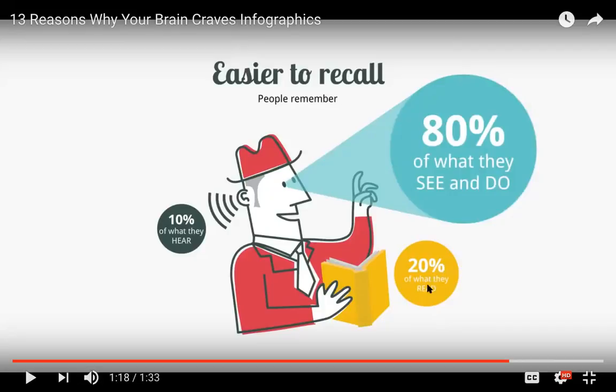Even the proximity of where these circles and the information in the circle are positioned in relation to the main graphic supports the information. The reading is over here by the book, and it's the same color. The hearing is over here by the ear, and it's the same color. And then we have the vision, which is the point they want to emphasize.